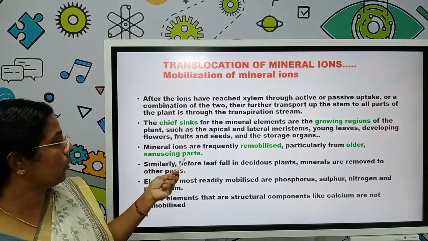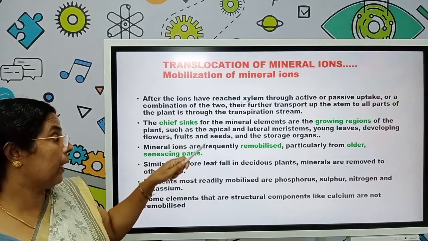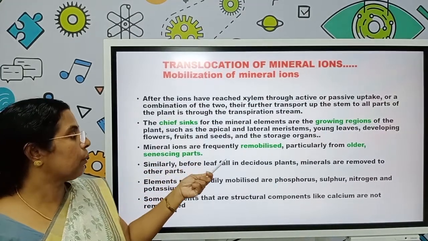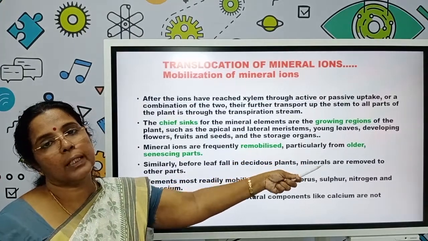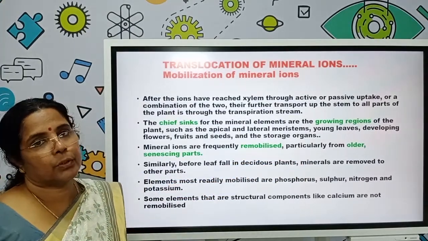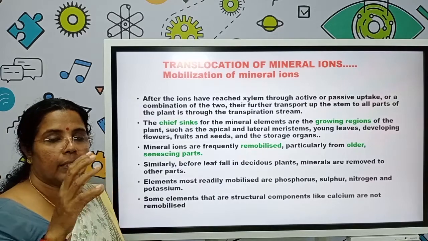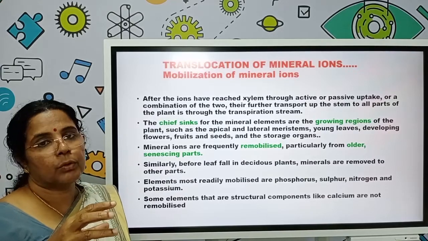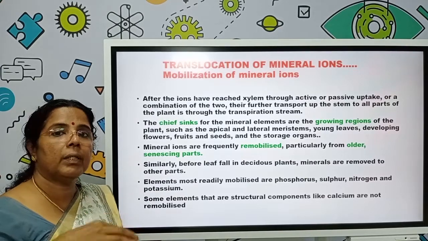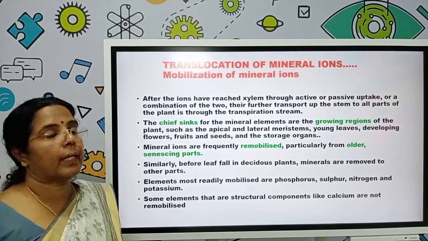So how are mineral ions mobilized? Mineral ions are frequently remobilized, particularly from the older portions of the plant to the younger portions. For example, when a leaf is going to fall, before it falls, the mineral ions in it are remobilized to the younger regions.